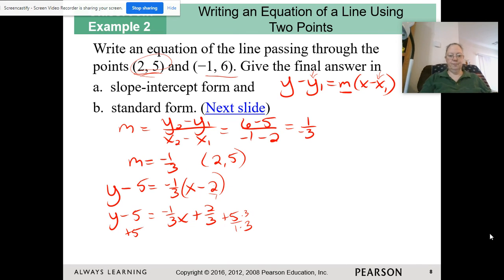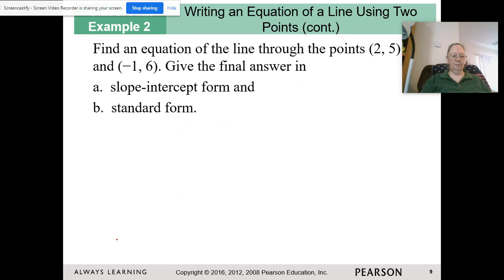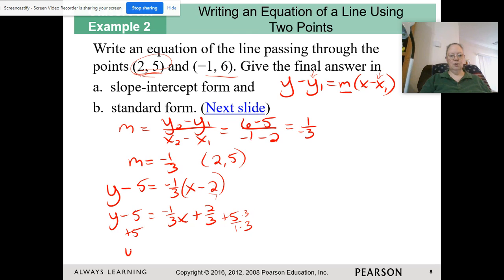Okay, so we have y is equal to negative 1/3 x plus, so 5 times 3 is 15 thirds plus 2 thirds is 17 thirds. So this is my answer for part A.